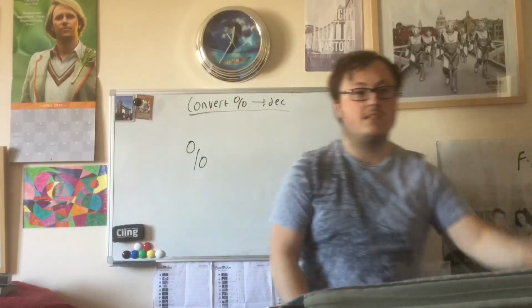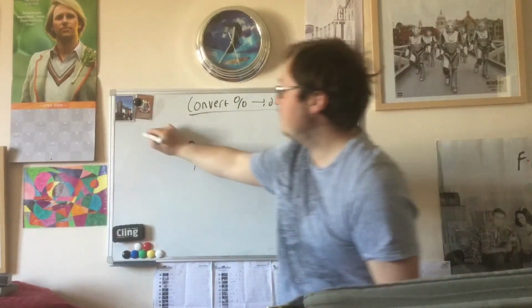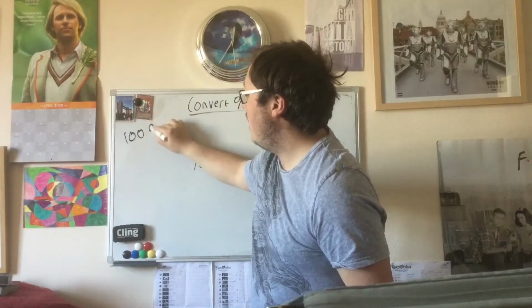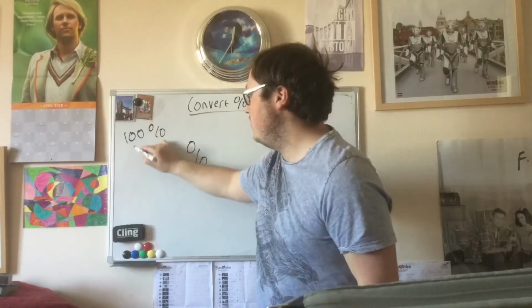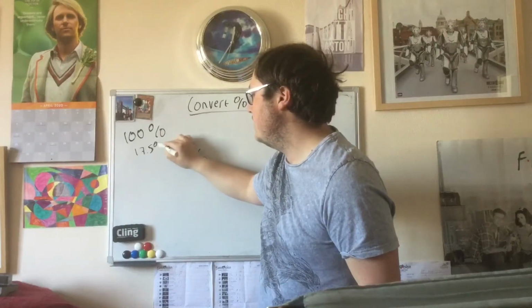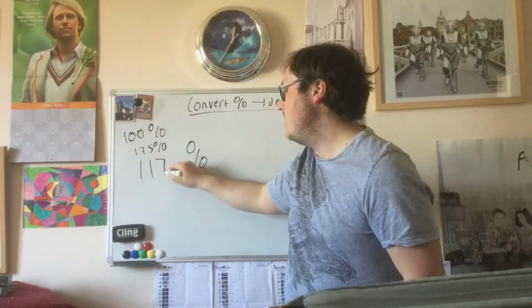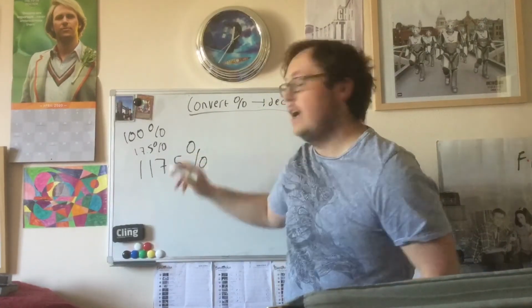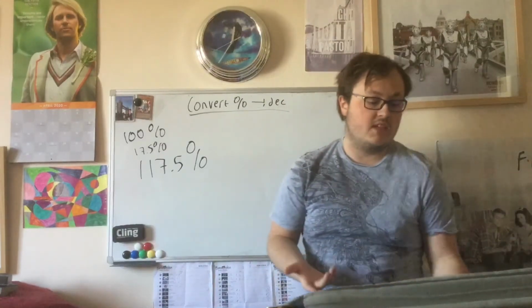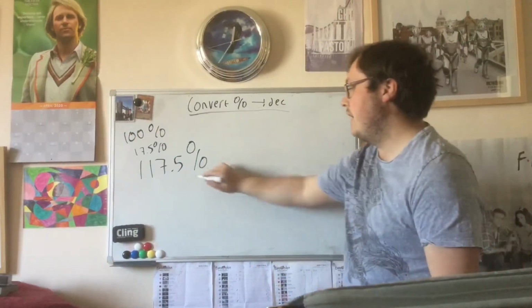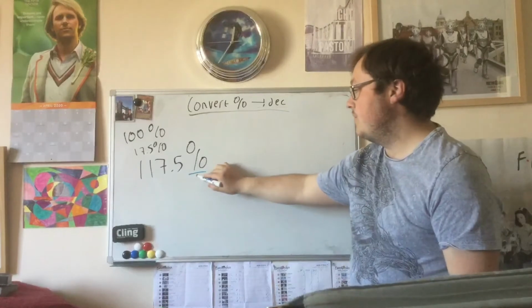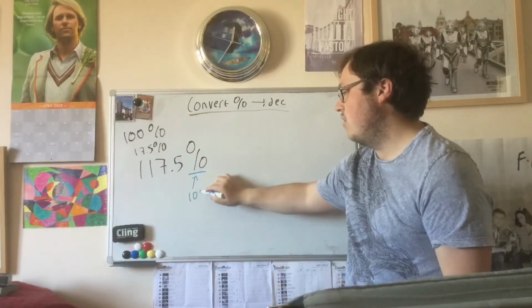So if the original percentage was 100%, and then the VAT was 17.5%, then the total would be 117.5%, because you're adding them together. So let's now find it as a decimal. Remember, percent means it's out of 100.